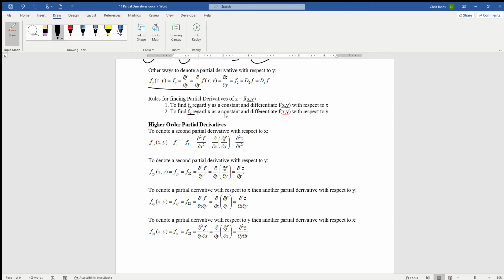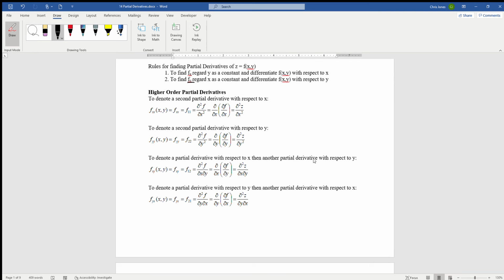If you need to take a second or third or fourth partial, then as you can imagine, you're just going to repeat the x. So f x x, f y y. Even a second partial could be f x y and f y x. So those are most likely the notations we're going to use. We're going to be using this notation as well.